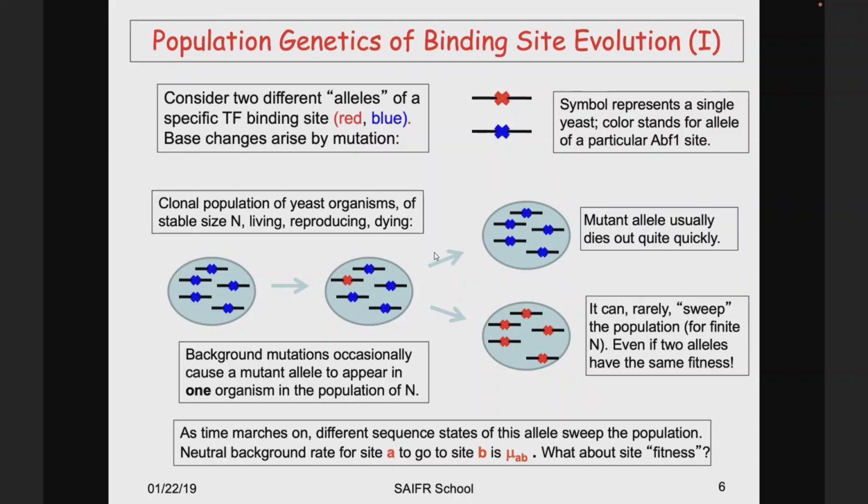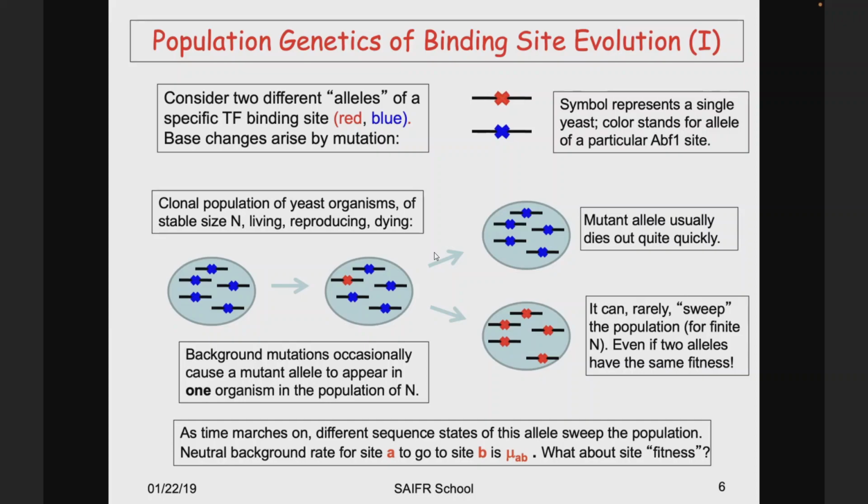So out of n organisms that initially had all the same sequence for this binding site, now I have n minus 1 that have the original sequence and one with a novel one. And now these are going to compete with each other, all right? Eventually, the binding site with the novel sequence can either sweep the population or die away. One or the other is going to happen.